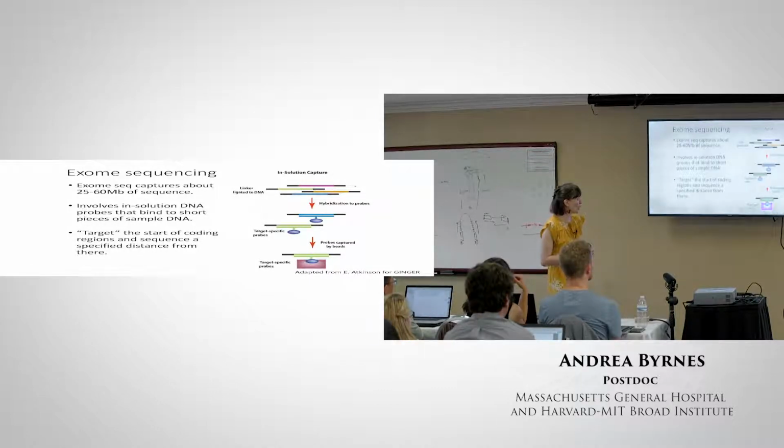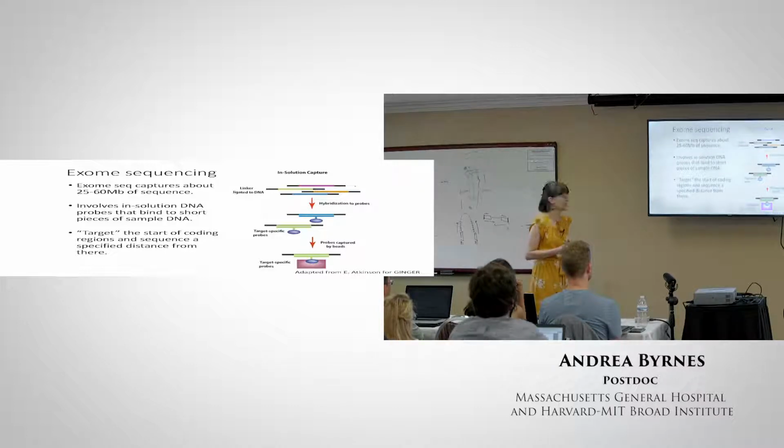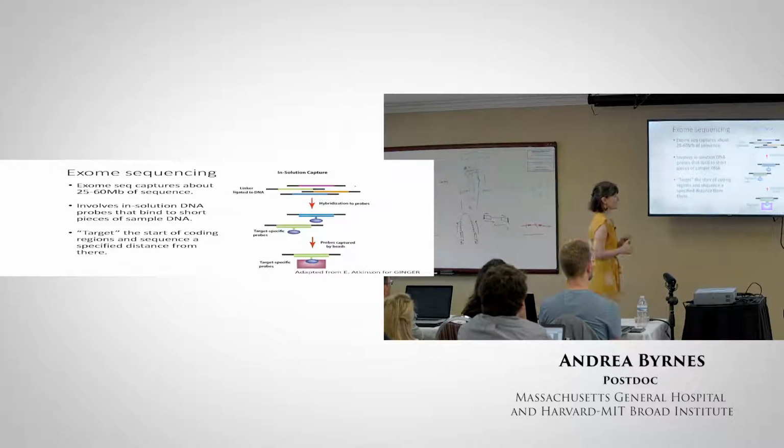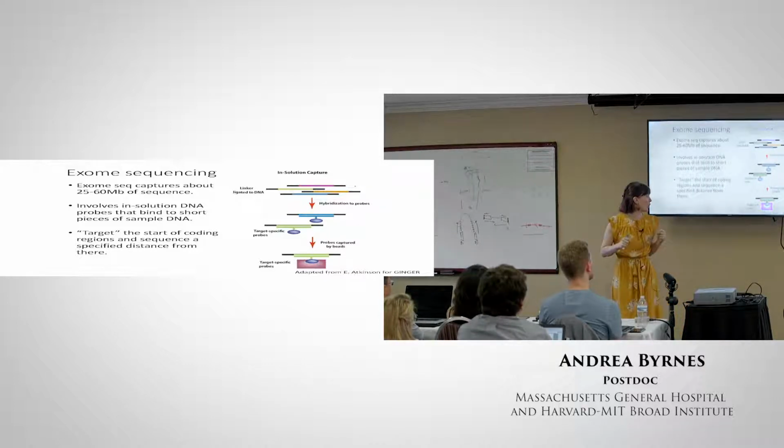So how do we know which pieces are exons and which pieces are introns? And the answer is we use the existing annotation, and then we design these very specific probes called baits to bind to the sequence that we think is an exon and pull it out of solution so that we are only left with these coding bits of DNA.